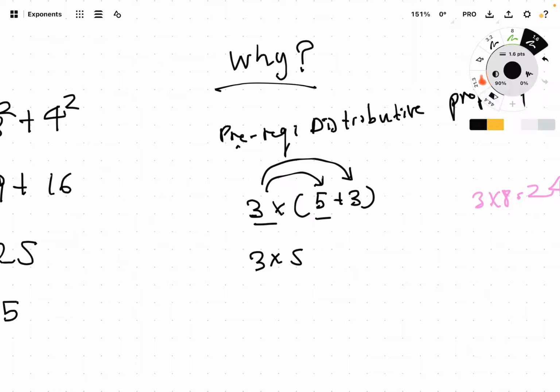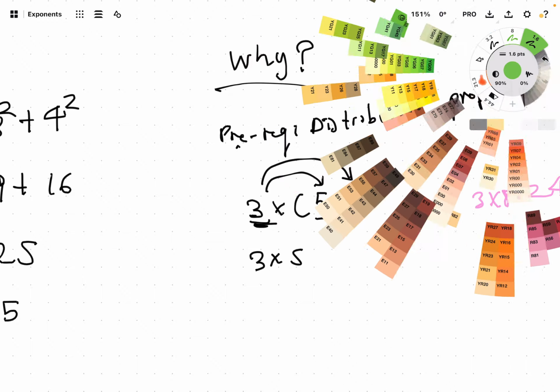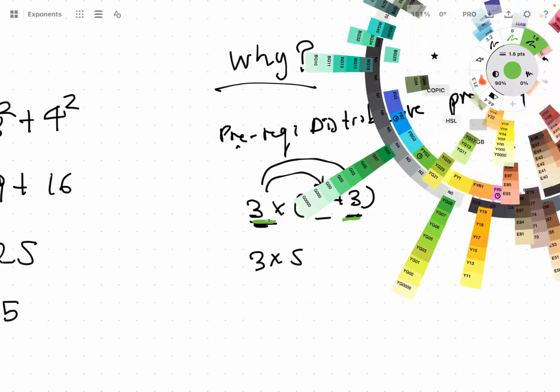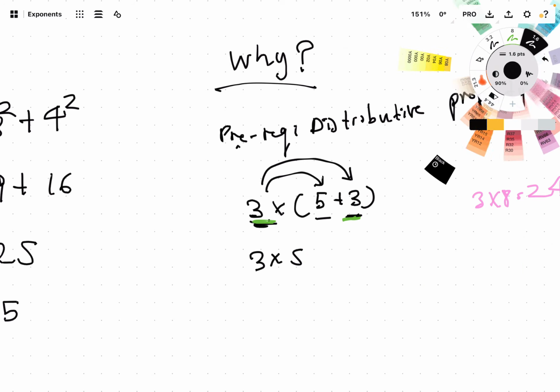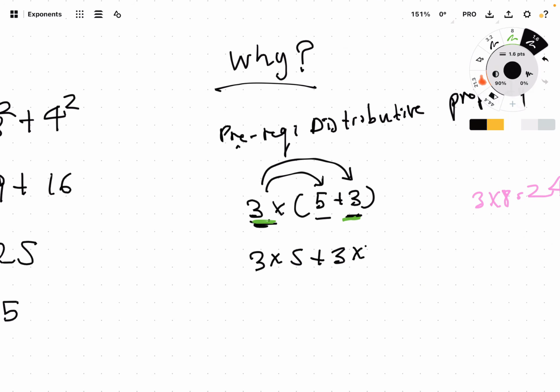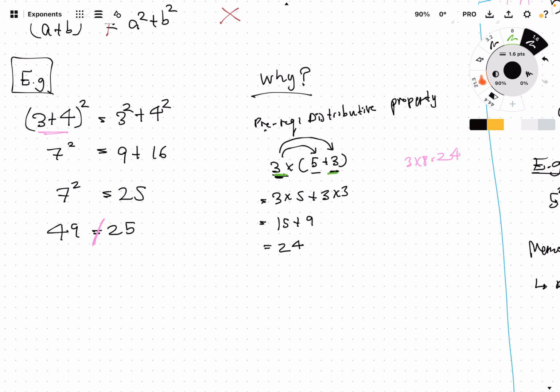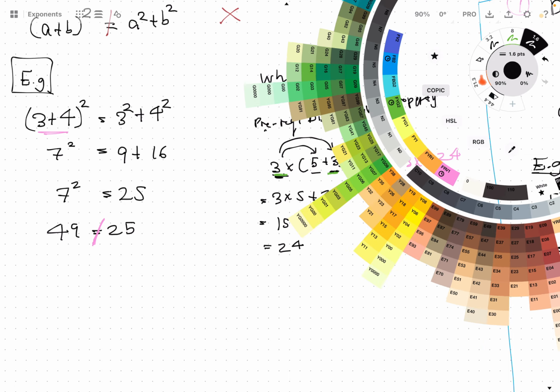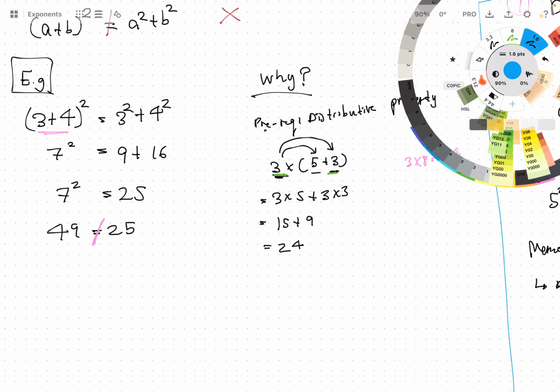And then you do 3 times this second term next. It's 3 times 3, which is 9. And then it's 15 plus 9, which is 24. So you get the same answer by doing it this other way using the distributive property.